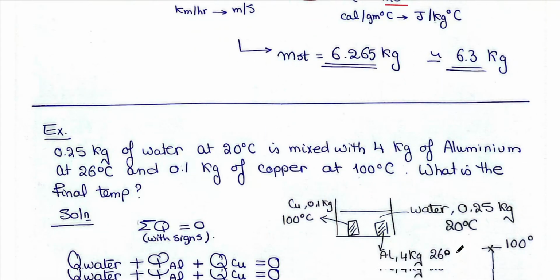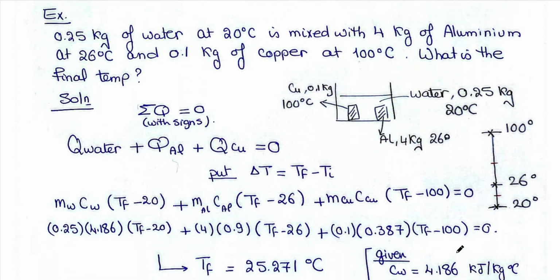The last example we want to discuss is an example of three bodies. We have 0.25 kilograms of water at 20 degrees. It is mixed with 4 kilograms of aluminum at 26 degrees and 0.1 kilograms of copper at 100 degrees. It is required to find the final temperature.